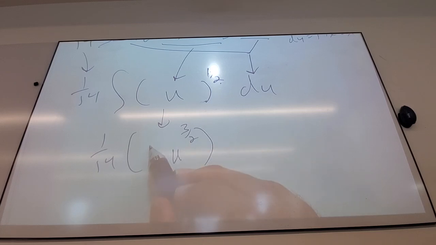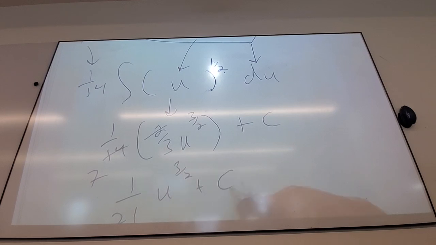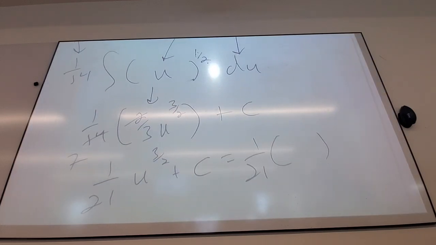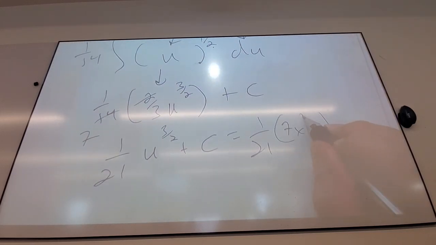So what do I multiply in front by? 2/3, plus c. Now, this will be 1 over 21. And then what's u? 7x squared minus 3. So the last thing you do is make sure you go back to x.